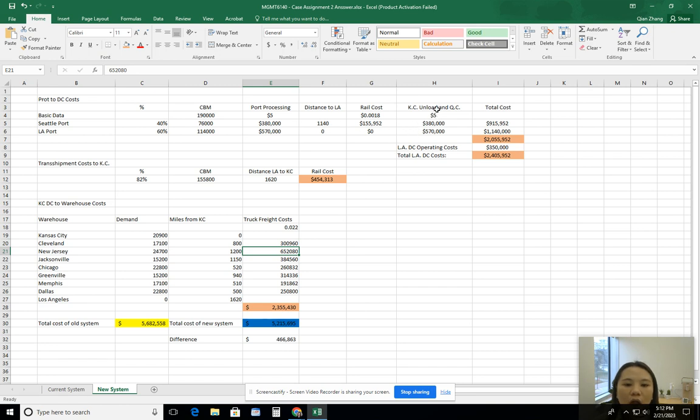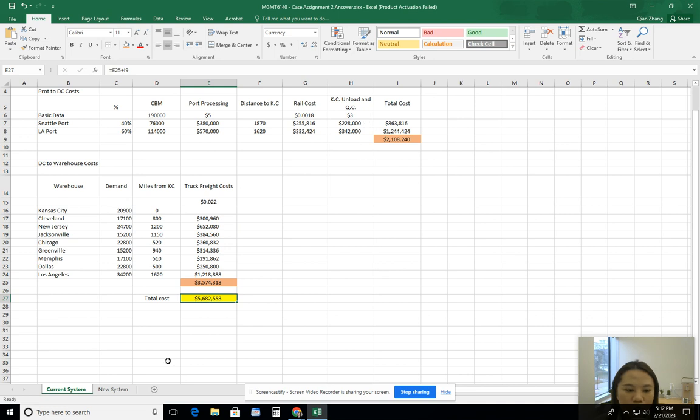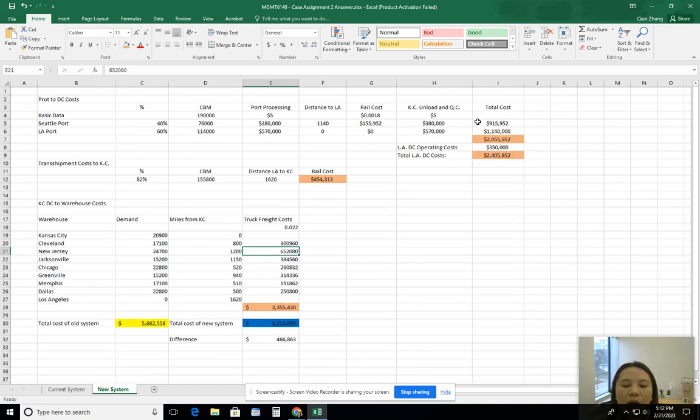And for the unloading cost, for the current one it is $3 per CBM, but now for the LA distribution center, it increases to $5. Some of the students made a mistake in this portion because they still used $3 instead of 5.